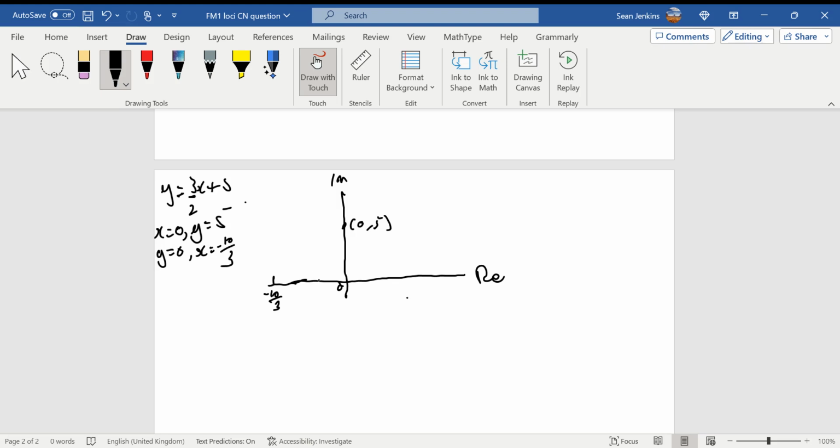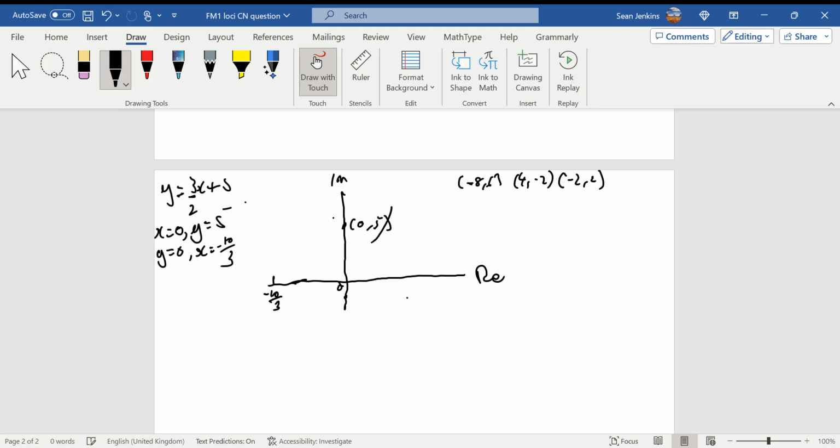So we know that we got (-2, 2) as one point, and we have (-8, 6), and we have (4, -2), and we also have (-2, 2).